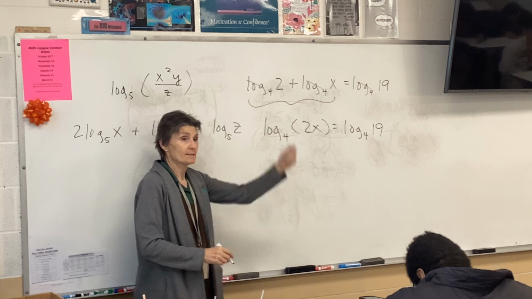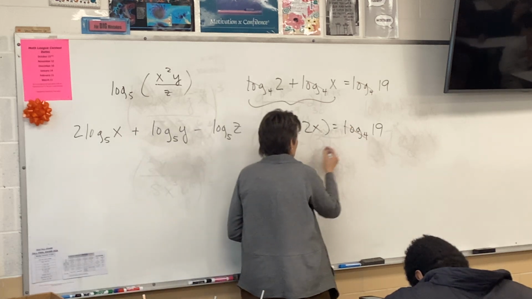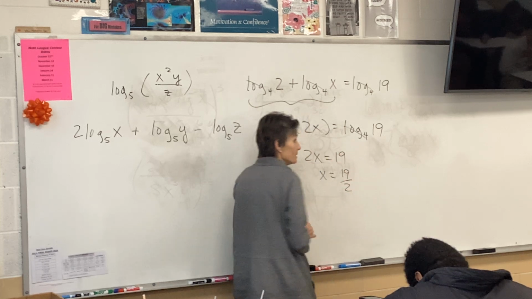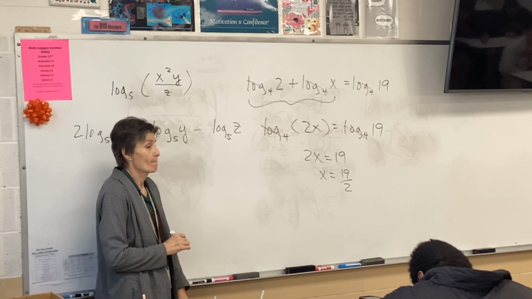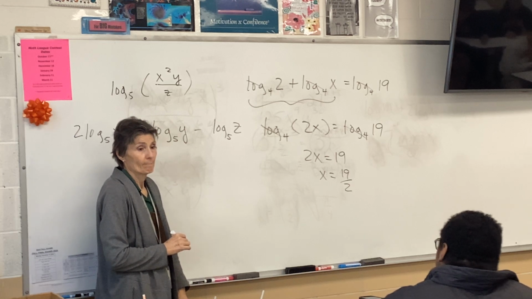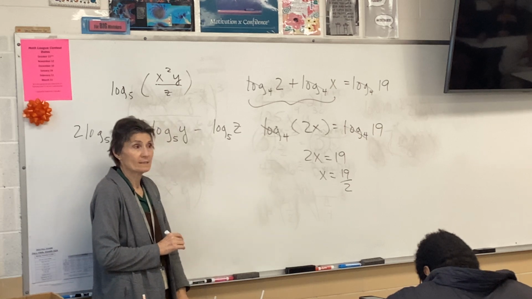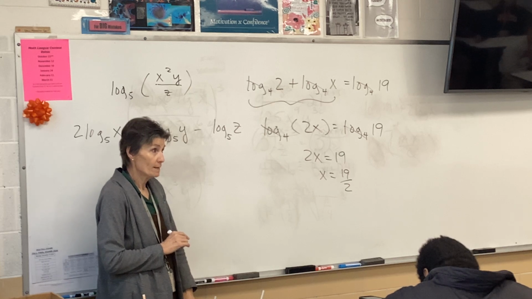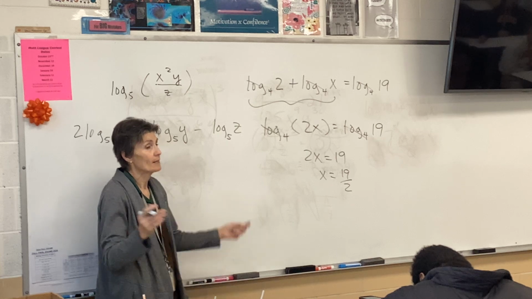Now, it's log equals log. So now I can say 2x equals 19 and x equals 19 halves. So once you get log equals log, you can cross them out. Do not cancel those logs until you've combined.